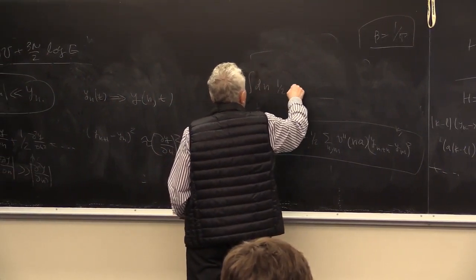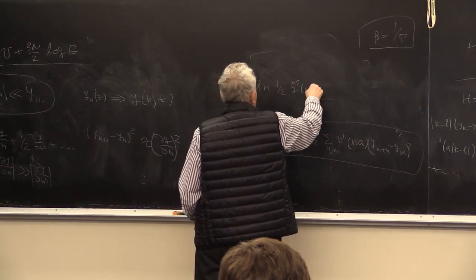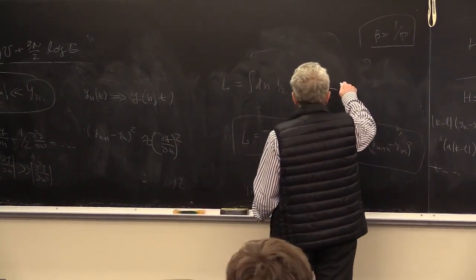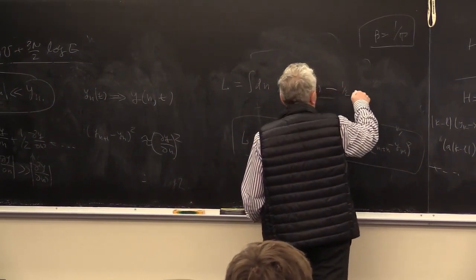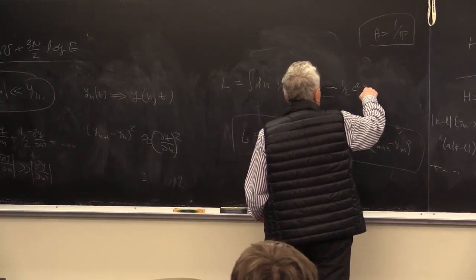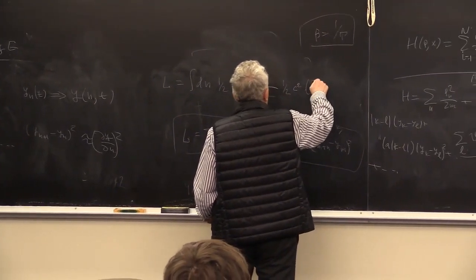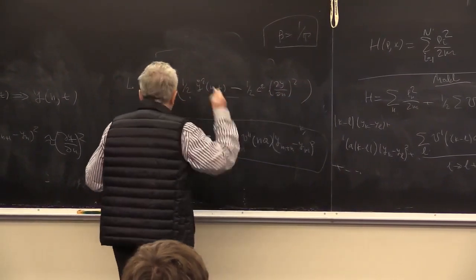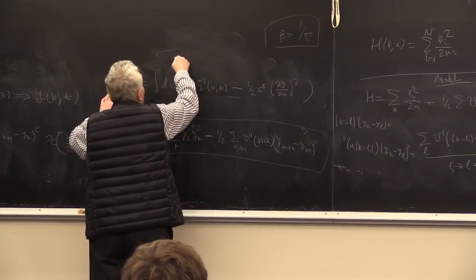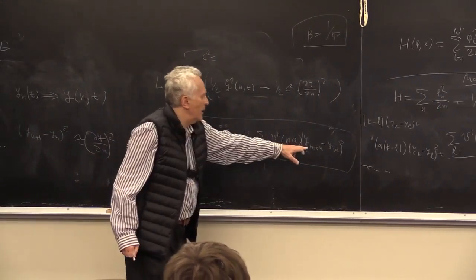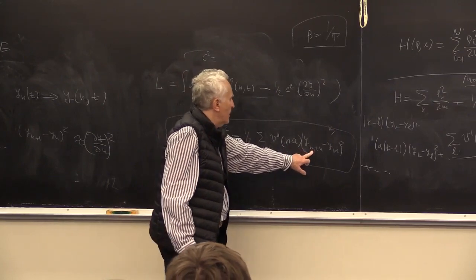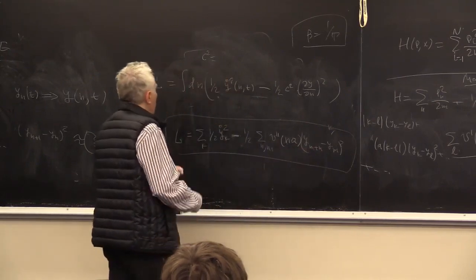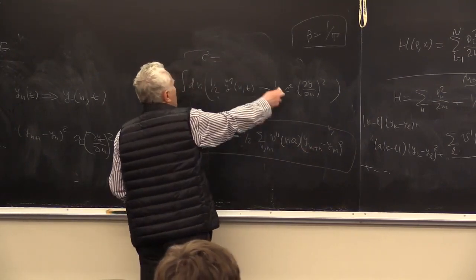It will be 1/2 y dot squared of n and t minus, here we have something interesting, c squared times (dy/dn) squared, where c squared, what I'm doing here is I'm simply expanding this thing in terms of the derivative. So maybe you'll tell me c will turn out to be the speed of sound.